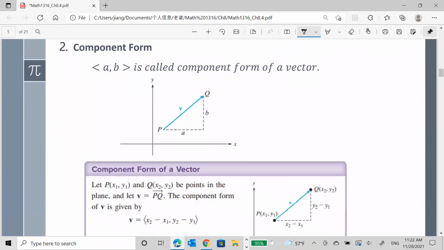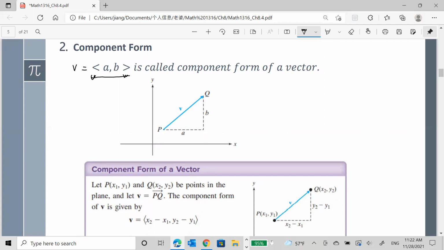Let's move on to the second part, the component form. AB is called the component form of a vector if the vector is V. So V equals AB. It looks like the point AB, but they are different. The symbol is a vector. So what's the meaning of AB?